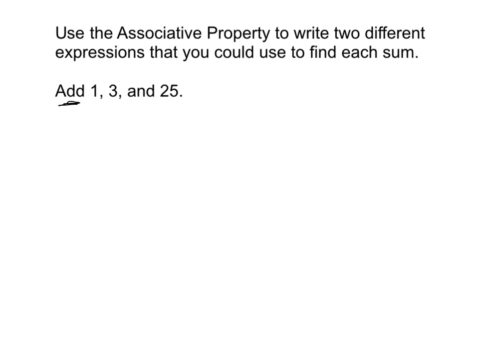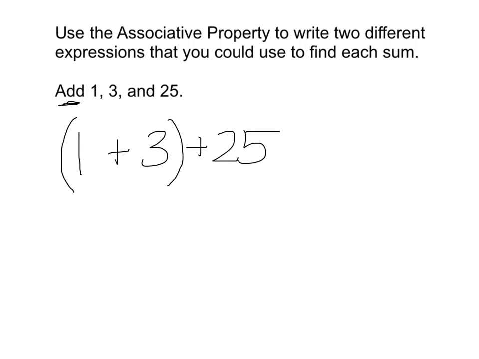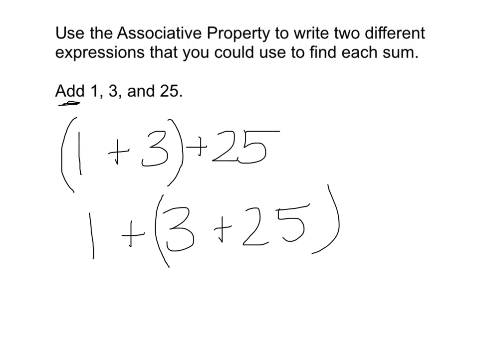In this case, we are doing a sum. So all I have to do is 1 plus 3 plus 25. I can put my grouping symbols there, and I can do 1 plus 3 plus 25, and put my grouping symbols around here. In both cases, here I get 4 plus 25 equals 29.